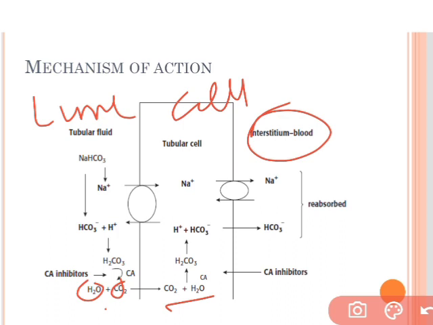Now CO2 and H2O diffuse into the tubular cell from the tubular lumen, where with the help of CA, what is CA? Carbonic anhydrase, there is a formation of H2CO3, that is carbonic acid. This carbonic acid dissociates into H plus and HCO3 minus. H plus is a hydrogen ion, HCO3 minus is a bicarbonate ion.